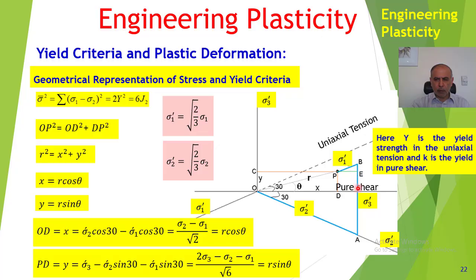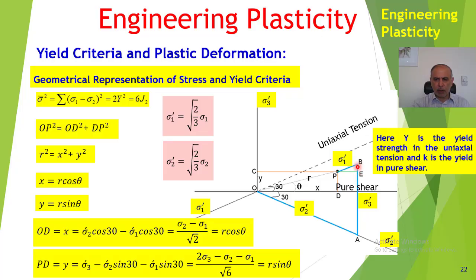So if we subtract this length, minus sigma 2 prime sin 30 is this part. So whole AB minus this part, which is sigma 2 prime sin 30, and minus sigma 1 prime sin 30. That's sigma 1 prime minus BE as well.